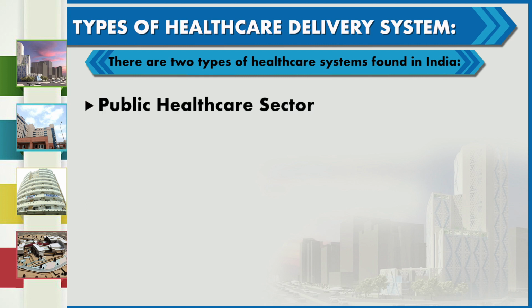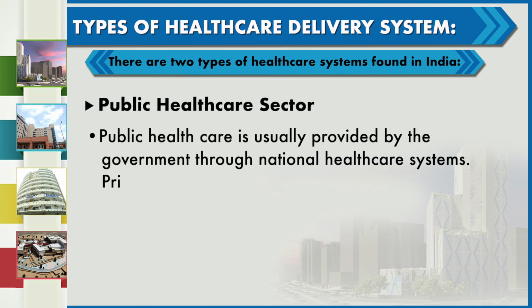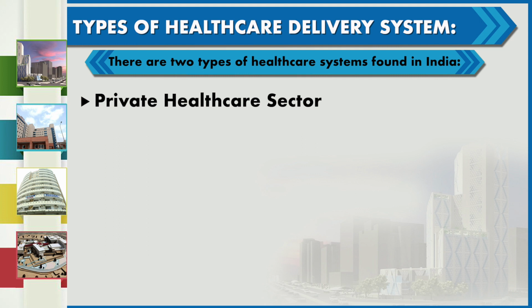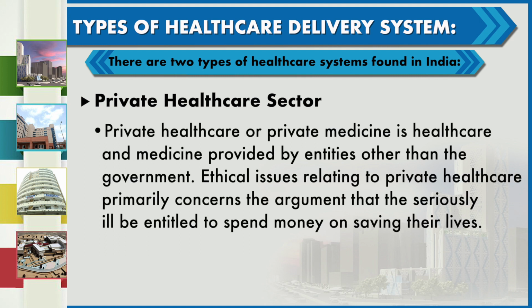One is the public healthcare sector. Public sector, as we know in India, is the sector which is governed by the government and provided by the government. It is owned by the government, and the private sector is primarily for-profit providers of healthcare services. But in the private sector there are not-for-profit organizations, there are voluntary organizations, there are social organizations, and there are various other parties.